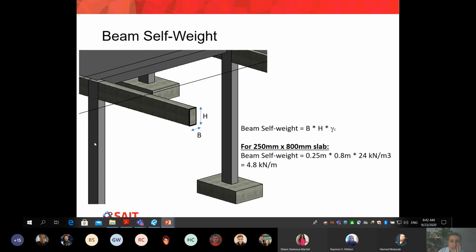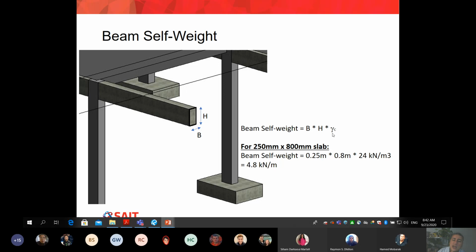You can see in my picture here, as I said, this is the most common one. It's a rectangular beam where the height of the beam I'm referring to as H capital, and the width of your beam as B. The self weight equation is simply: you have to find the area of the cross section, and then multiply it by gamma concrete.